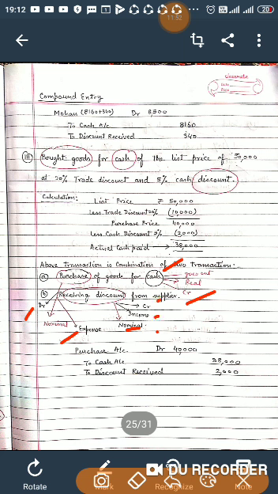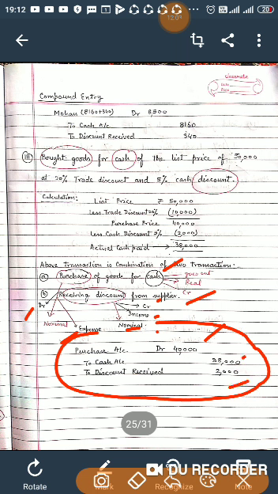So the compound journal entry is purchase account debited with 40,000, cash is going out 38,000, and cash discount received is 2,000. So goods we have purchased is an expense and the amount of goods is 40,000, and for that we have paid only 38,000. 2,000 we have received as a discount. This is the settlement of the goods purchased.